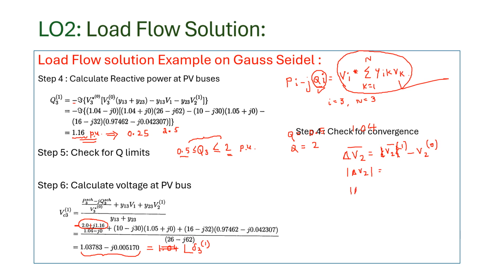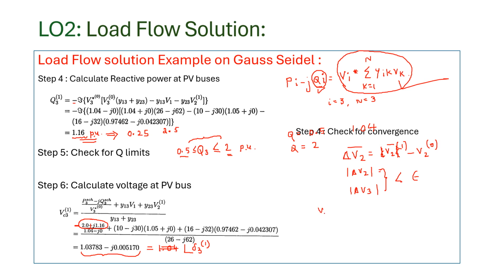Similarly, we calculate the magnitude of the difference vector for V3. If both of these are less than the tolerance, then we can stop the iteration and go for performing the load flow. If the voltage difference vector is not less than the tolerance, then we have to proceed with the second iteration.